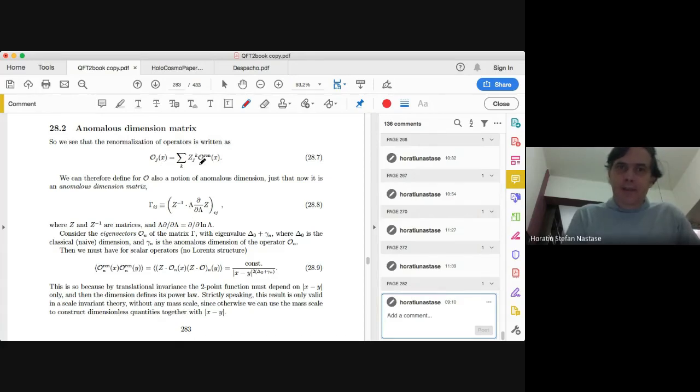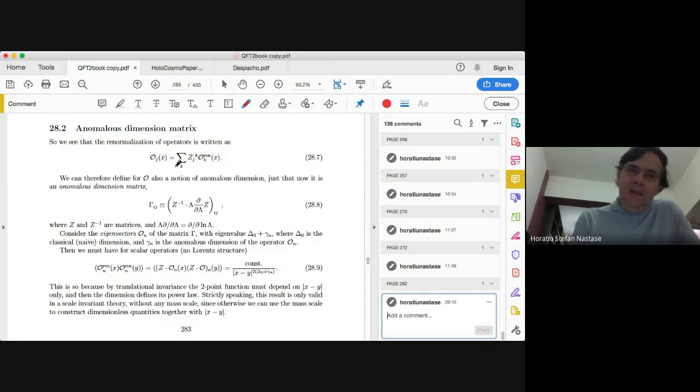All right, so we have this renormalization factor matrix. So O_K is Z_JK times O_K renormalized. With a renormalization factor for the fields, we know that we have an anomalous dimension for the field.